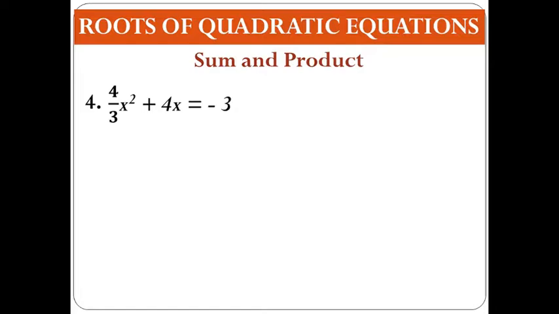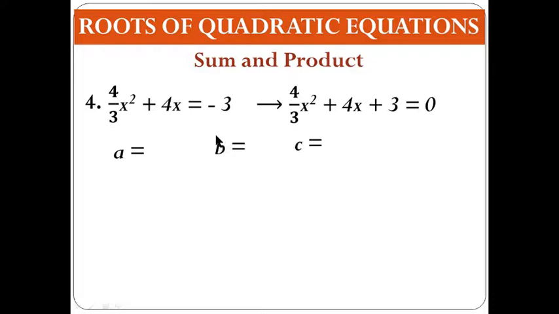Sunod, meron tayong 4 over 3 x squared plus 4x is equal to negative 3. Napapansin yung ating given equation is not in the standard form. Ang gawin natin is i-transpose natin si negative 3 sa ating left side, magiging positive 3.